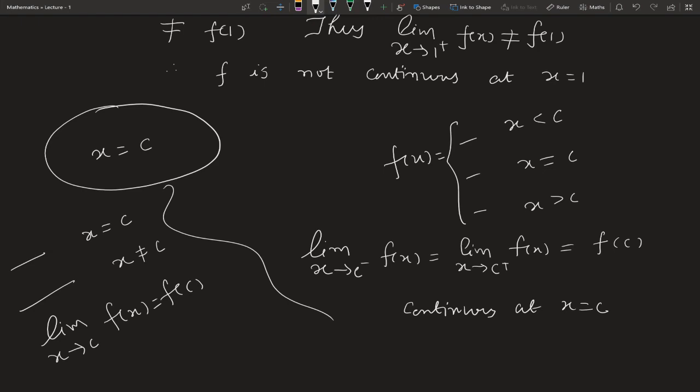So you note the difference between these two methods. Which method one has to use depends on the definition of the function, how it is defined. Let us take another example.